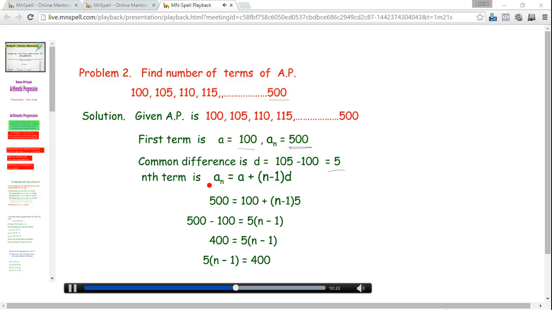So use again the formula Tn equals A plus (n minus 1) times D, and plug in all the values. Tn is 500, A, the first term, is 100, n we have to find out, and D is 5.